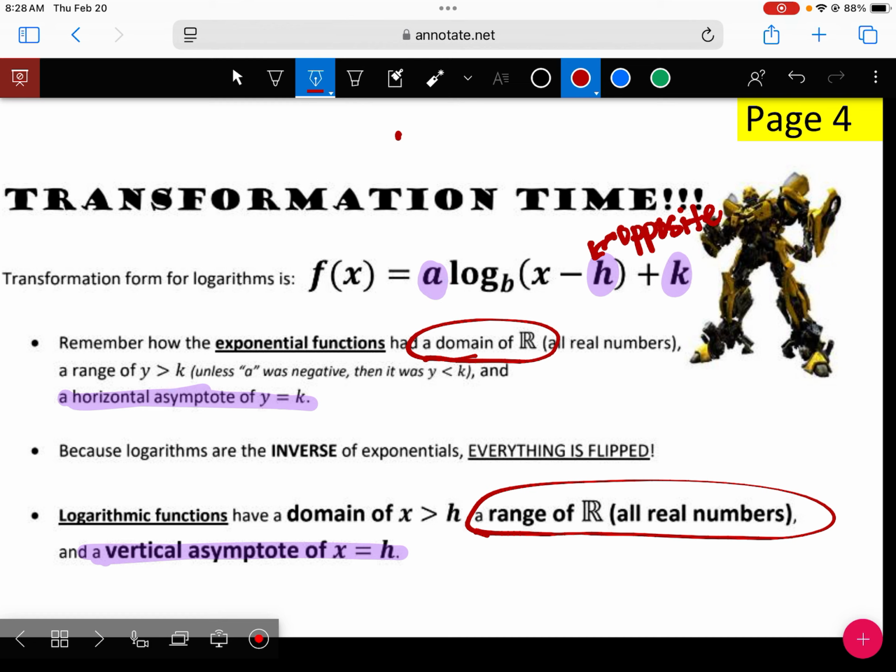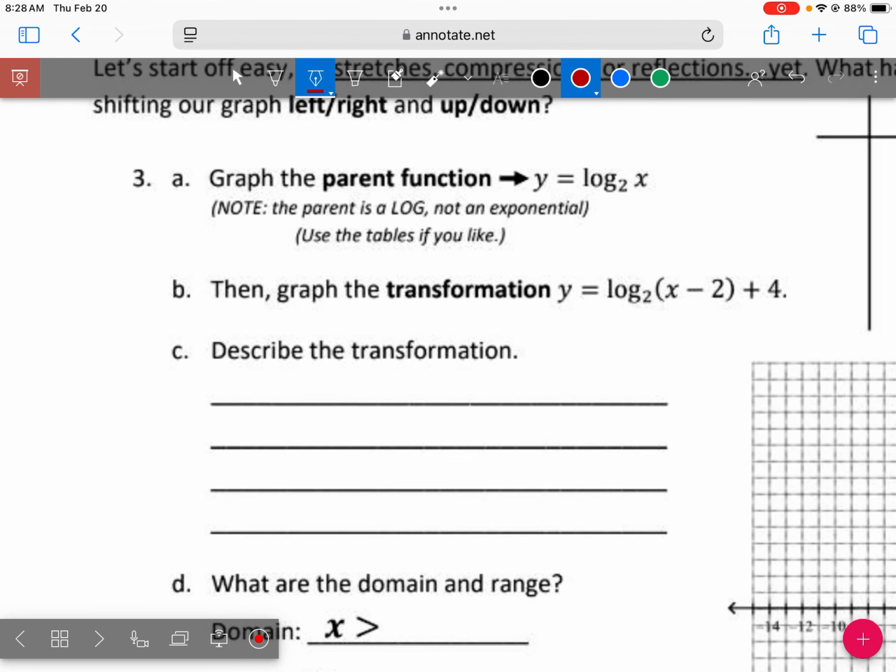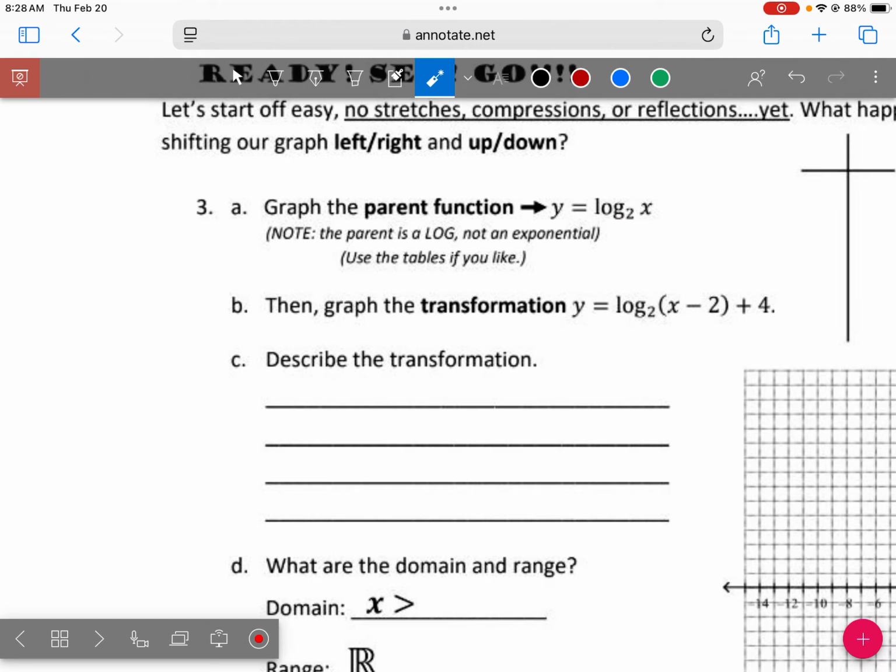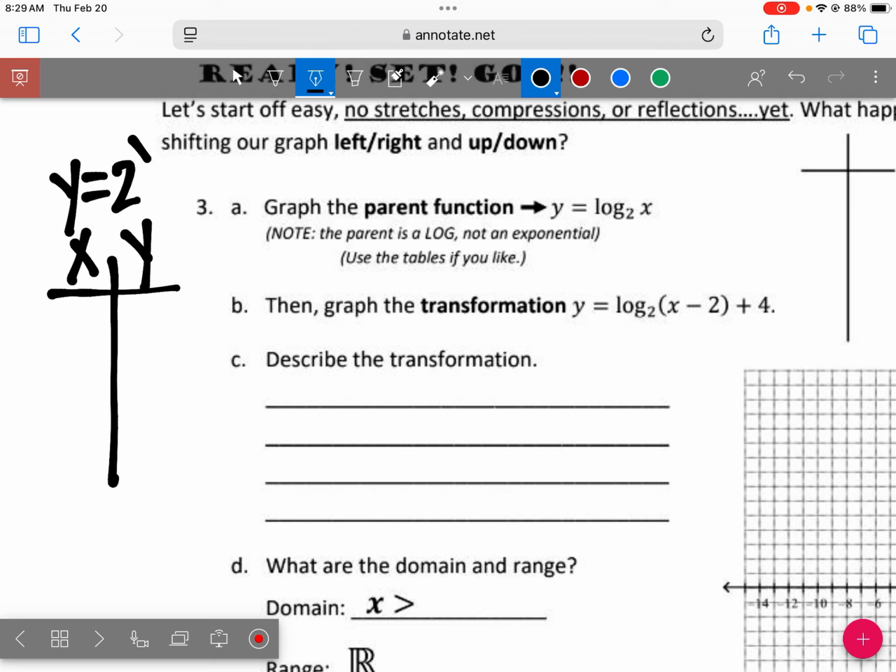All right, so let's go ahead and graph. Now, the first thing you want to do is figure out what is that little bitty number next to log. So does everybody see that little bitty baby number? What's that little bitty baby number? 2. So I want you to off to the left, I know you don't have a lot of space, we're going to make our table for 2 to the power of x.